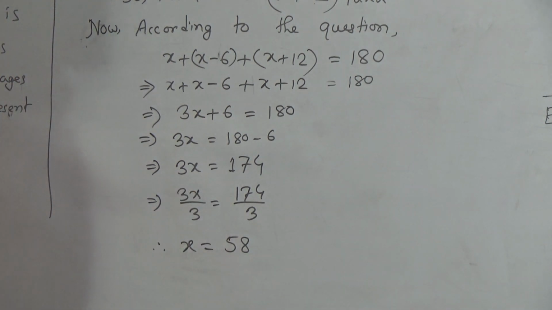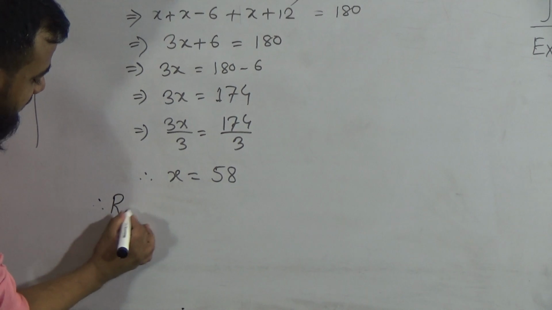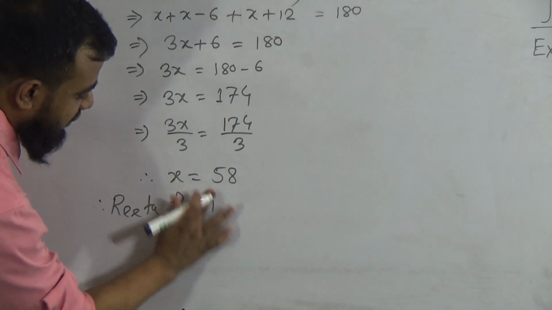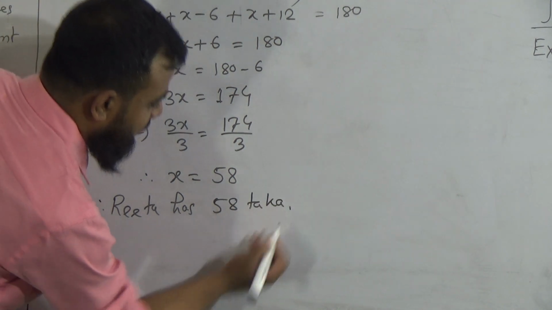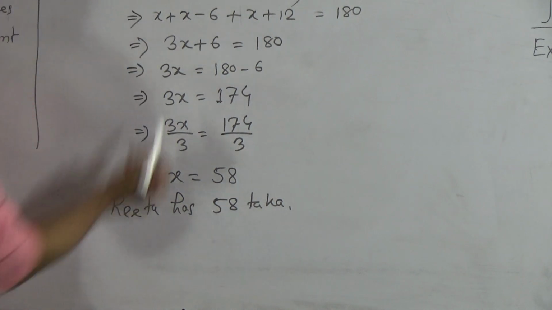So this implies that Rita has 58 taka, right? Therefore Rita has 58 taka. From this amount we can find out how many taka Geeta has.